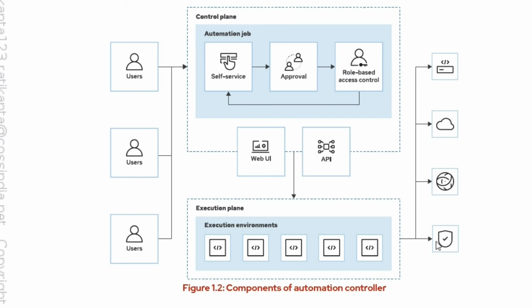So the doubt here is, this execution plane, which is in the form of a container, will it sit on the control plane, or is it a different environment, a different host? See, this is not a kind of VM. It's just a container image which will be pulled automatically when you run your playbook.